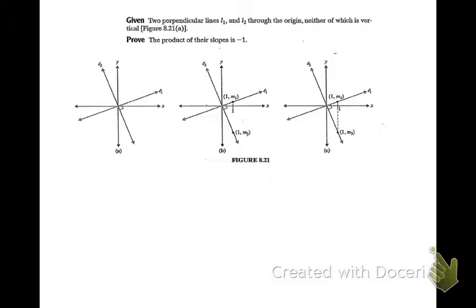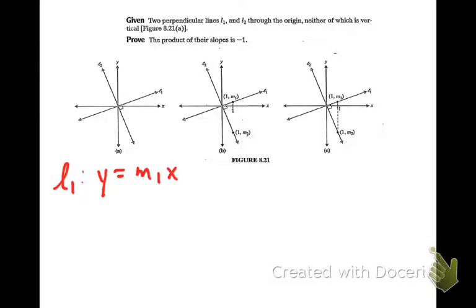So what I have there is a right triangle. And so we've got the slope. We do the equation. Line 1's equation is going to be y equals, okay, and if we do the slope, it's M1 up over 1, so that would be rise over run, so it'd be M1 times x plus b.